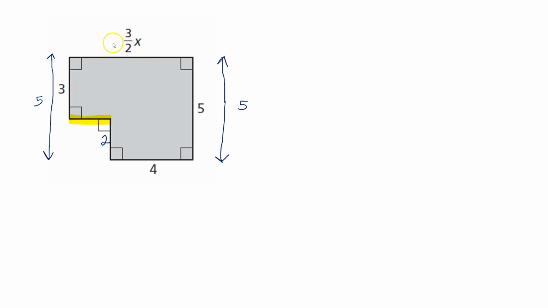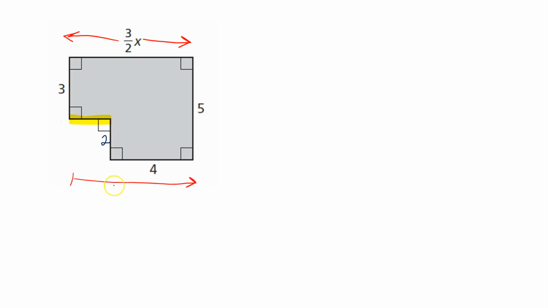So if we remember that this whole width is 3 over 2x, and this whole width down here is also 3 over 2x, then we really don't need to put a name on how long this is. It would be 3 over 2x minus 4.